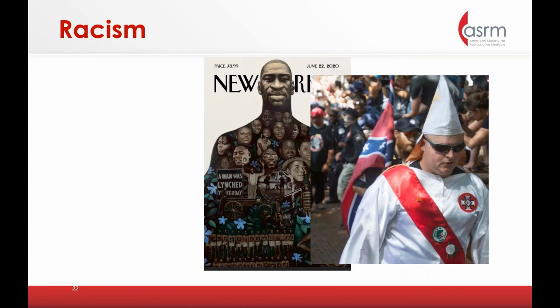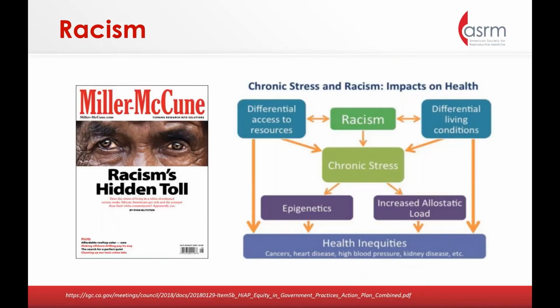So 2020 has brought 400 years of racism and oppression to the forefront of this country, and has also forced us to look at the impact not only of race, but more appropriately of racism on health, and to understand how it manifests. We know it when we see it, but we have to look and see it. So racism's hidden toll.